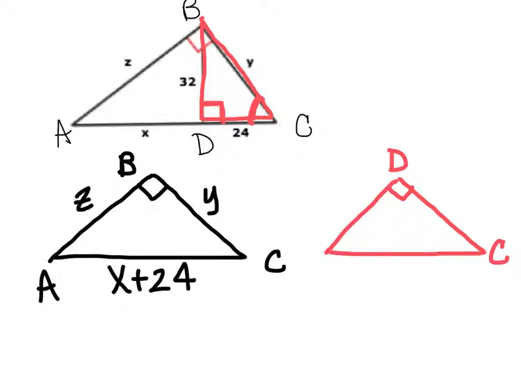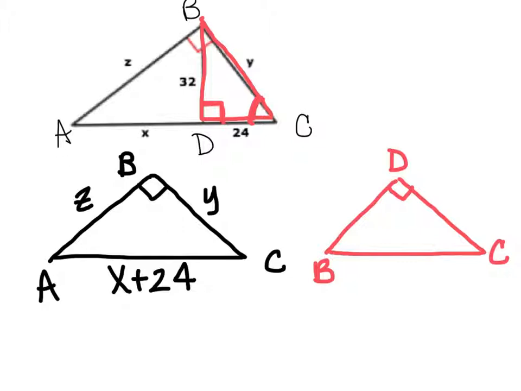Since C was the right side angle in the black triangle, it needs to be the right side angle in the red triangle. And then the last angle of that red triangle is B.